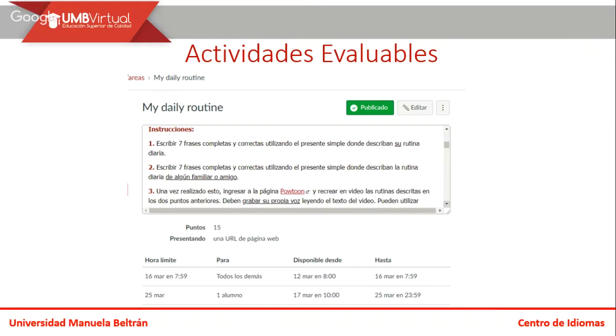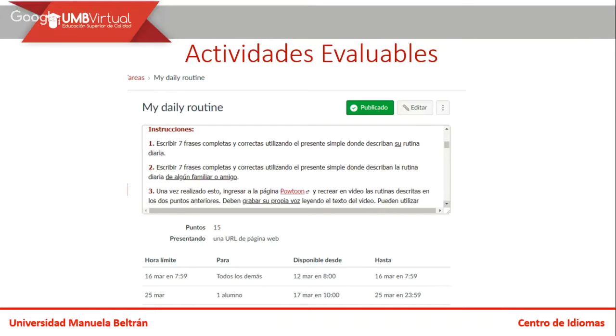The idea is that you can recreate the video talking about the routines that you already described in the 2 previous points, and then you're going to record your voice, yeah, reading the text of the video. Ustedes lo que van a hacer es que más allá de hacer la presentación, van a incluir sus voces, ¿listo? Entonces, esas 2 cosas las tiene que tener la presentación.